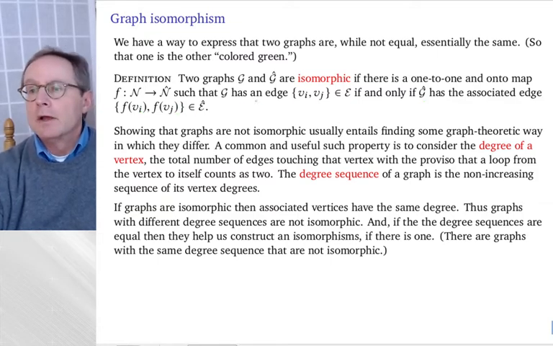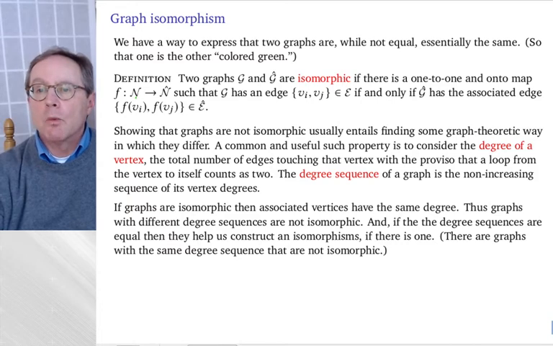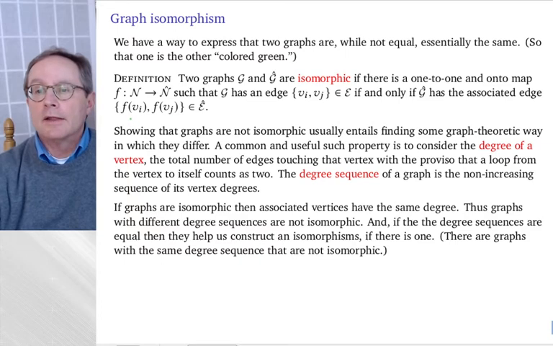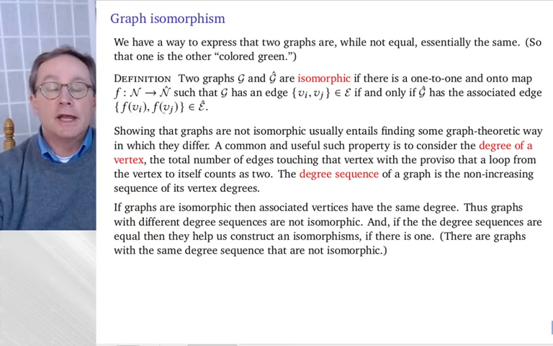So again, you make a one-to-one and onto map between the vertices with the property that if there's an edge VI VJ in the graph G, then the edge F of VI F of VJ is an edge in G hat, and vice versa. If F of VI F of VJ is an edge in G hat, then VI VJ is an edge in G.